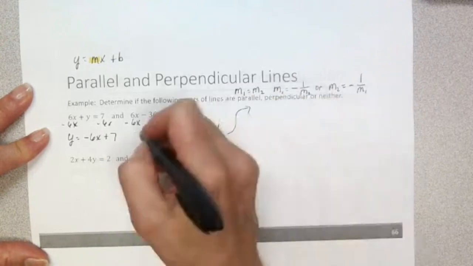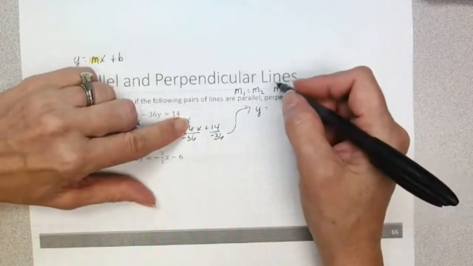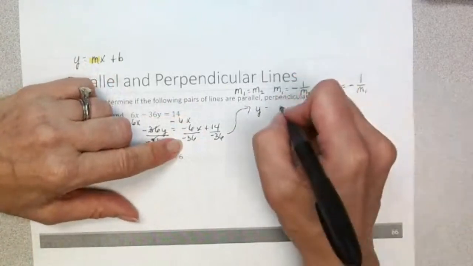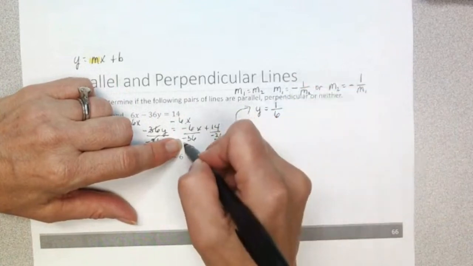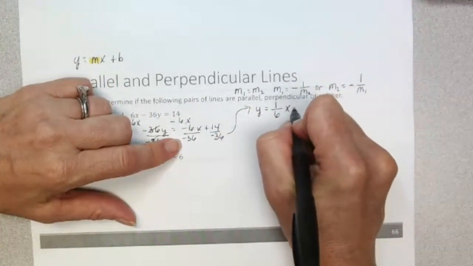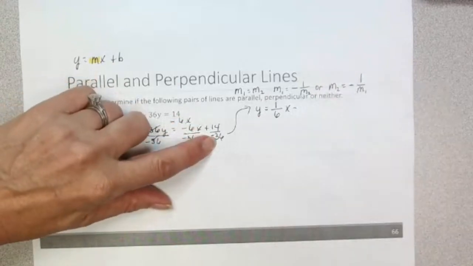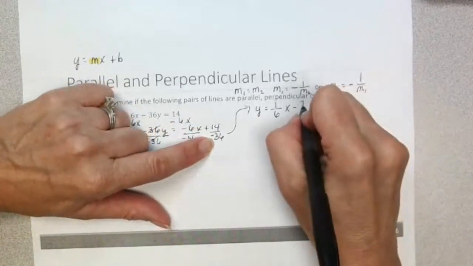Let's divide out. So then y is equal to, and negative 6 over negative 36 will reduce to positive 1/6, right? Negative over negative makes it positive. 1/6 x minus, and then 14 over 36 reduces to 7 over 18.